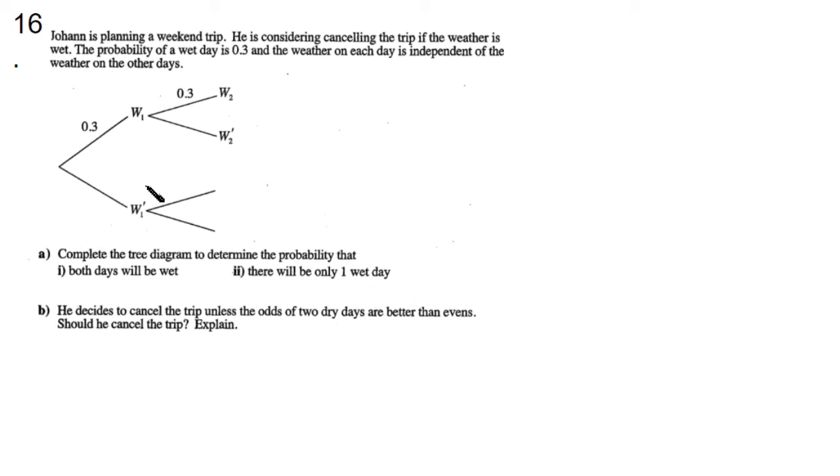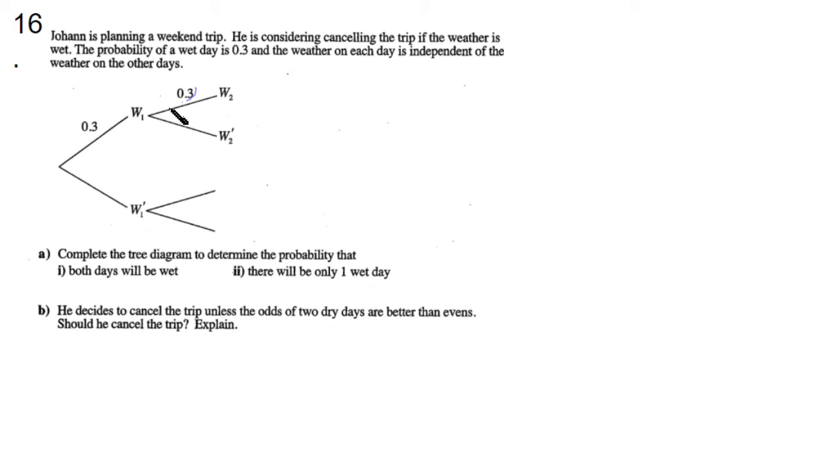All right. So here we are using the notation W for wet. So W1 means that the first day will be wet and the probability of that occurring is 0.3. W2 means the second day will be wet, and the probability there is also 0.3 because they're independent events.